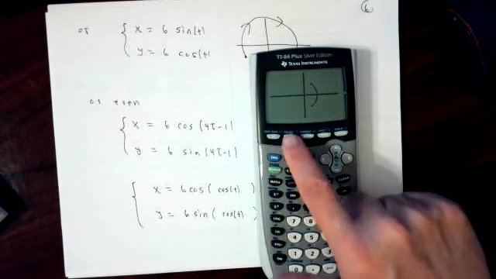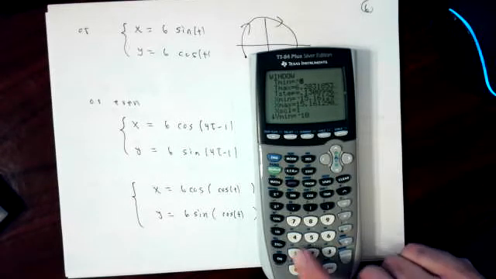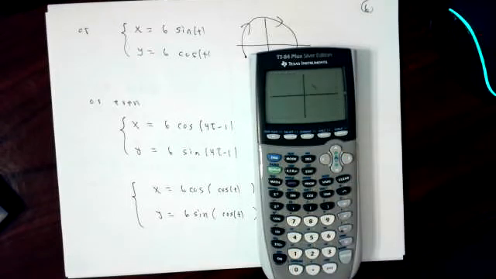Well, maybe it's still not big enough. So let's make t-min -12 and t-max +12. See, it's still working. It continues to work. I get that same picture back again.